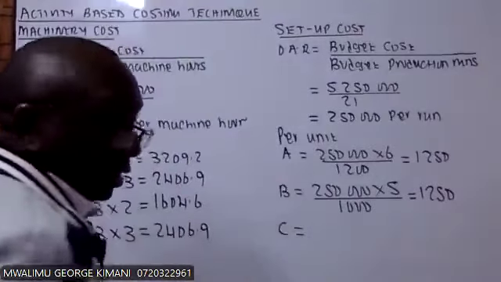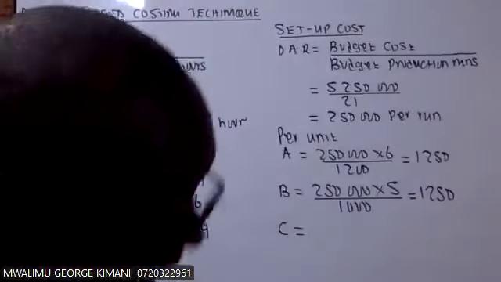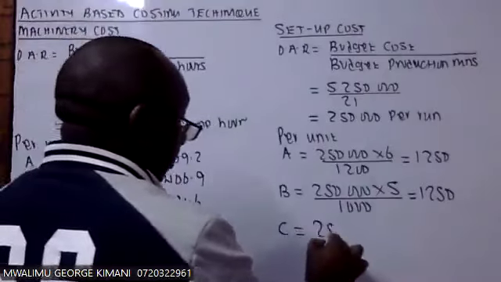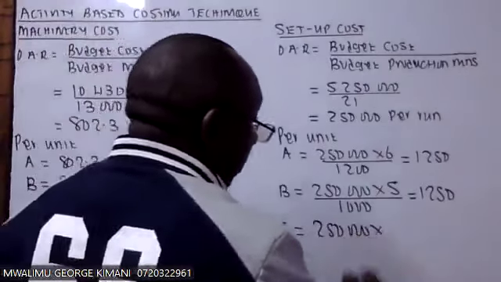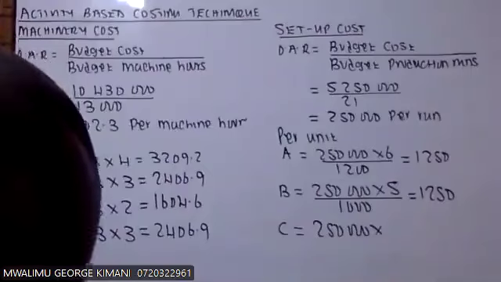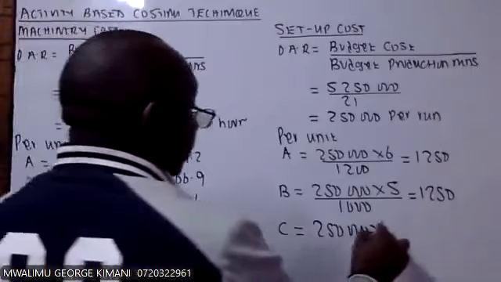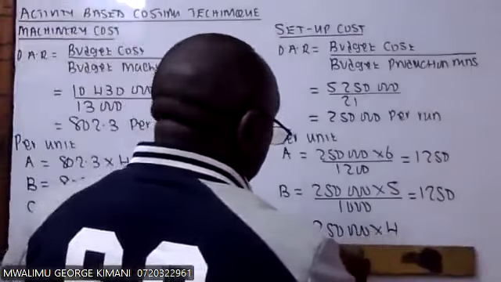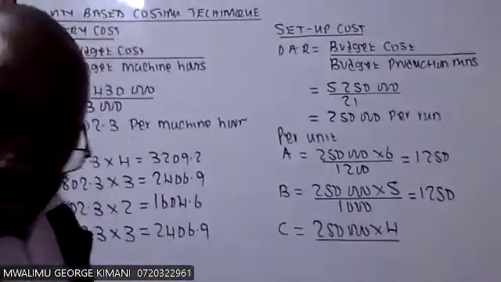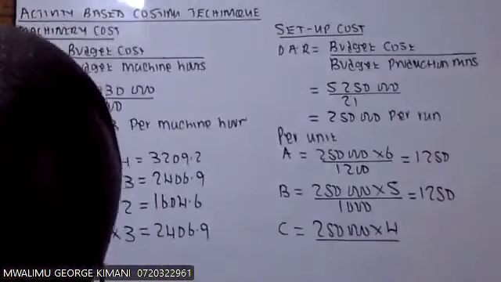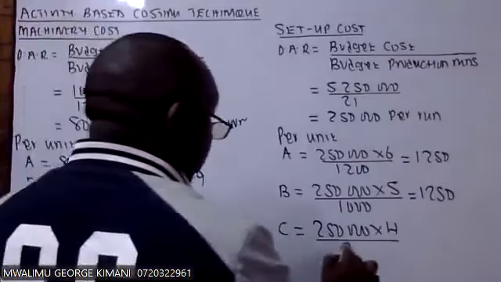C, it is 250,000 times 4. Then you divide by the number of units, 800.